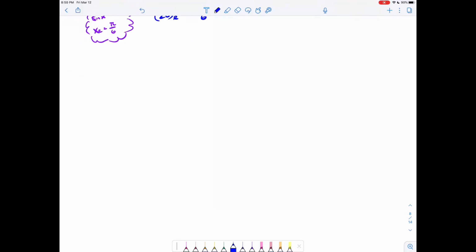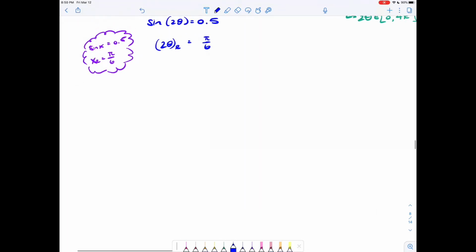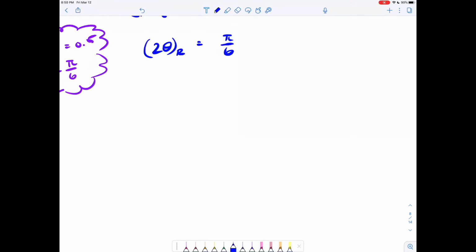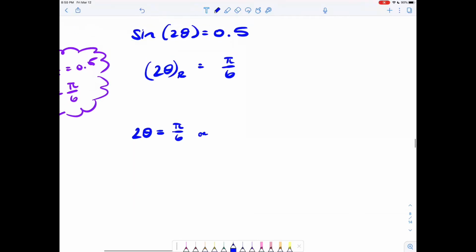If we were just dealing with 0 to 2 pi, then we could say that this angle could be pi over 6, or it could be where sine is positive, so 5 pi over 6.